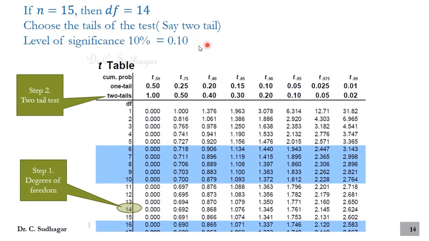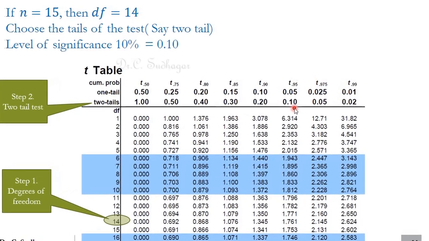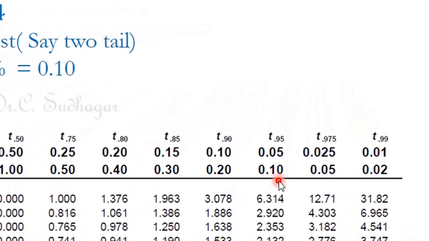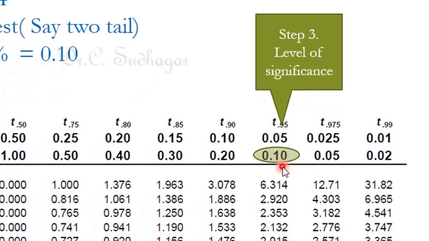Third, we should look for the level of significance. Level of significance is 10%, that is 10 by 100, 0.10. You can look for 0.10 here. It is coming at this place. So for two tail, look for level of significance 0.10 at this place.